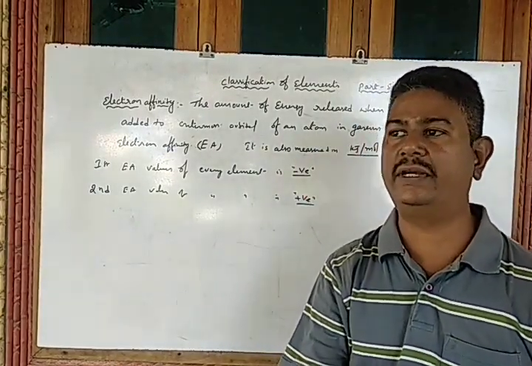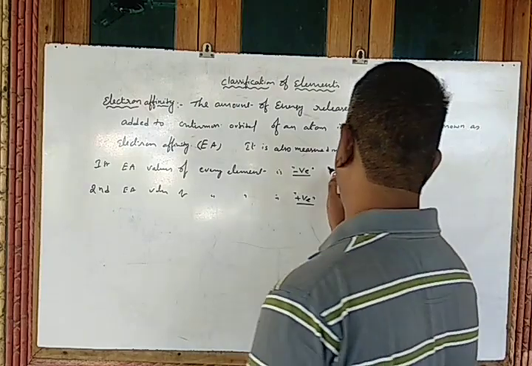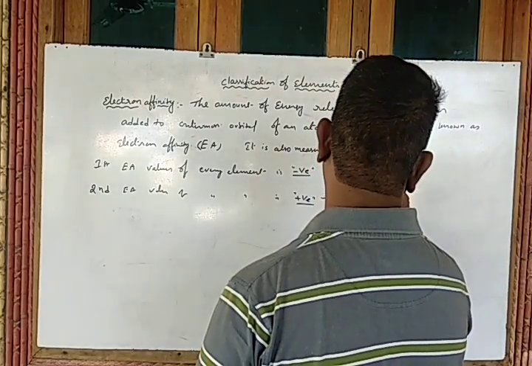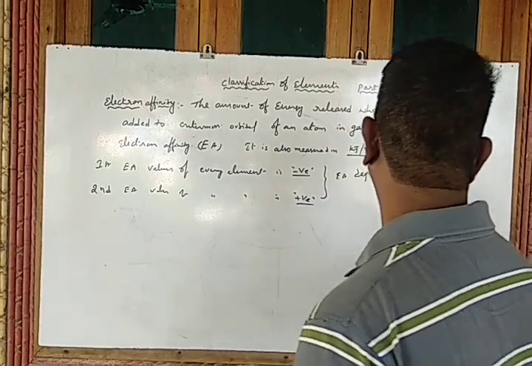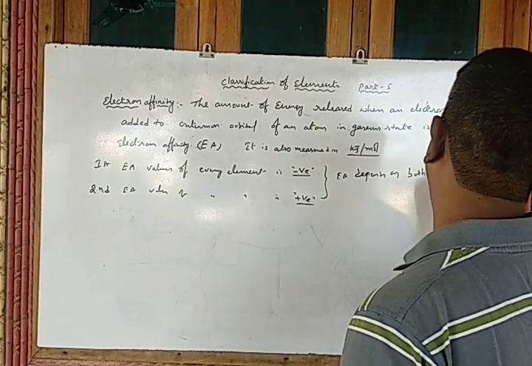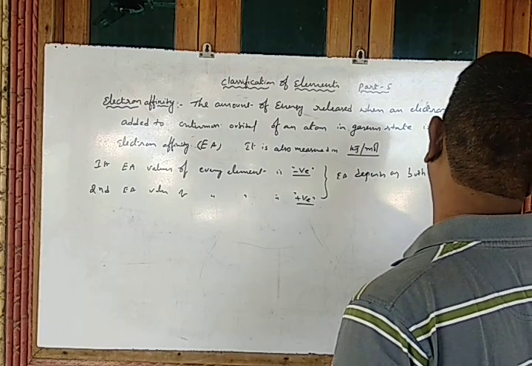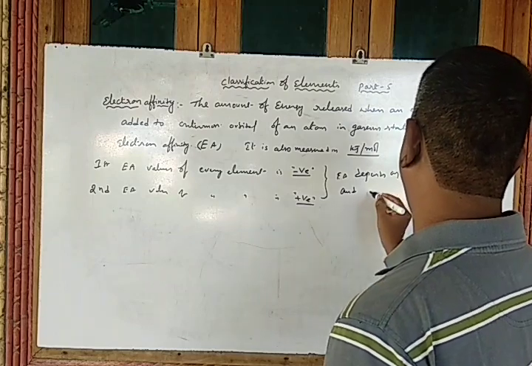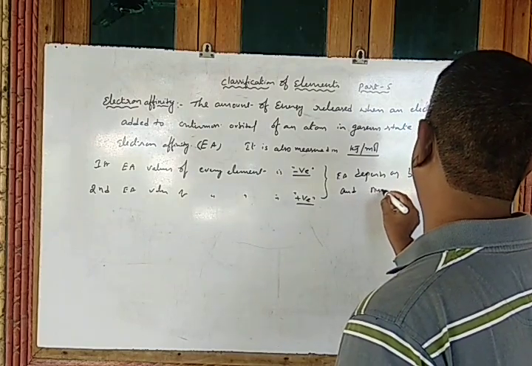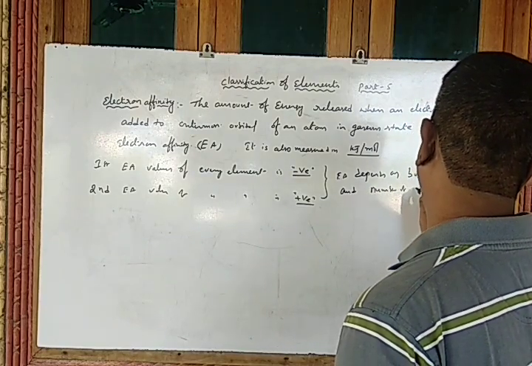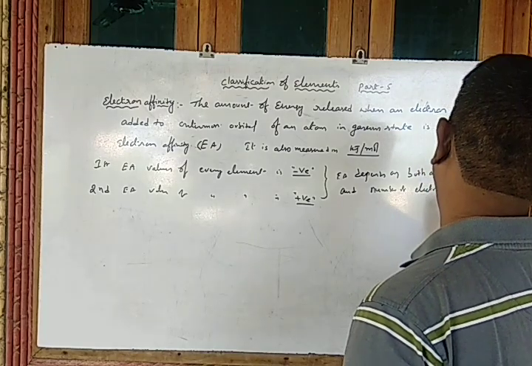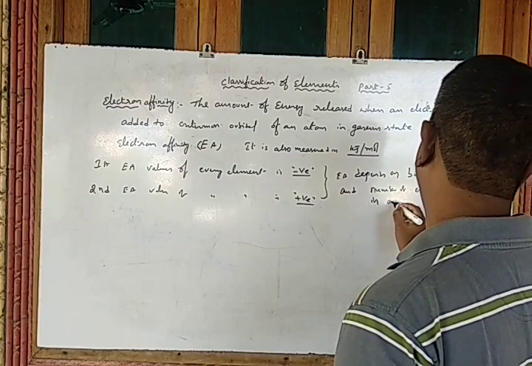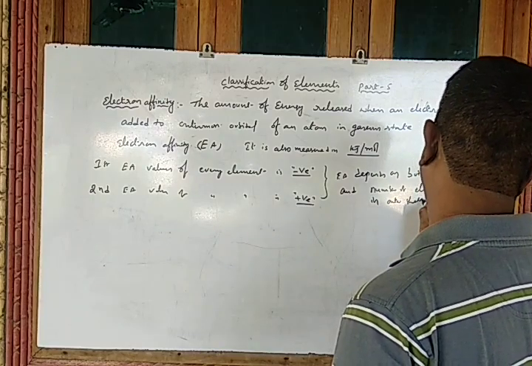Now, electron affinity depends on both the atomic size and the number of electrons present in the outer shell.